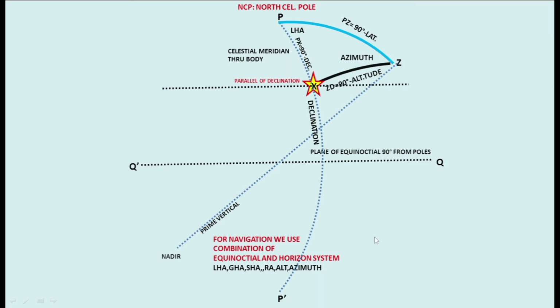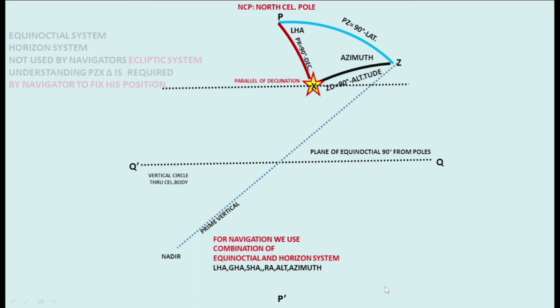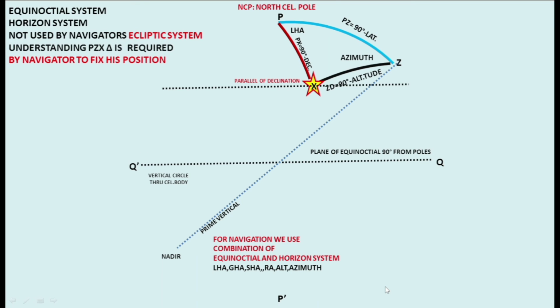So now you can see that in this triangle I have used both systems: the altitude, azimuth, LHA angles and declination. In navigation, of course, there is a third system, the ecliptic system, in which measurements are done from the ecliptic, not used by the navigator. So I'll just skip it for the time being.